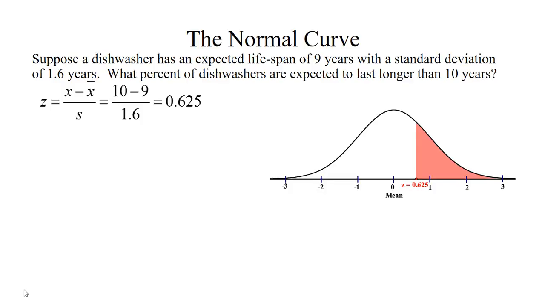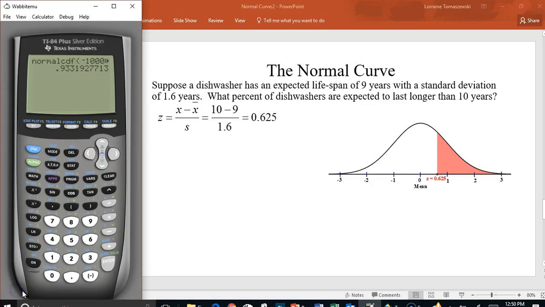So we're going to go back to our graphing calculator and figure out what area that is. Okay, so we're going to go back to normal CDF. So that was second, variables, choose number 2. Now this time we want to start at 0.625 as our z-score, and we want to go to positive infinity, which will be positive 10,000.